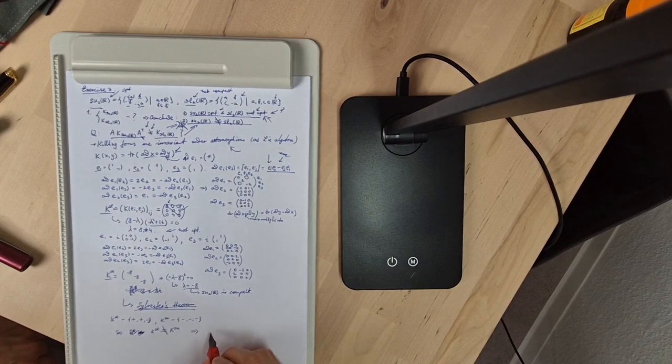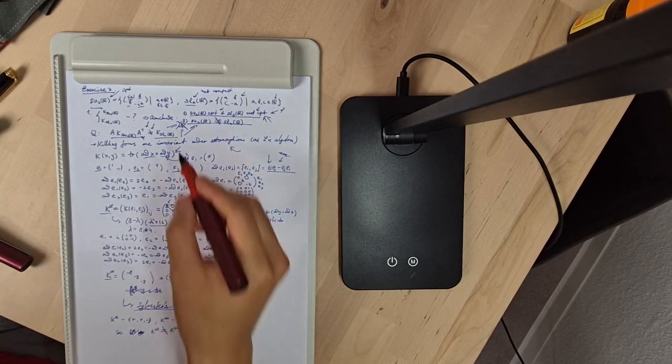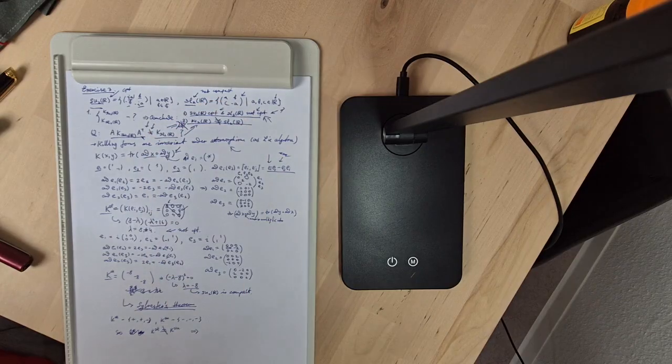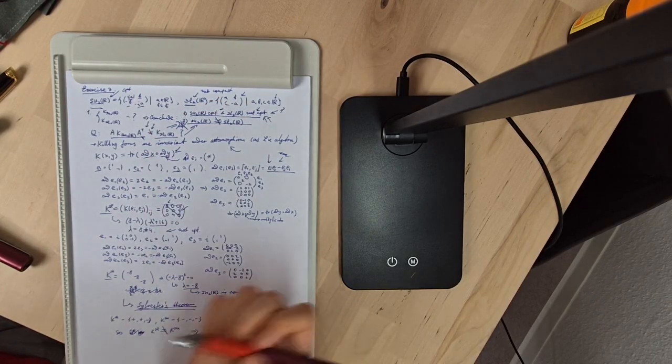So we found a necessary condition that failed to hold, because if the Lie algebras were isomorphic, then there must be a way to transform one Killing form to the other.